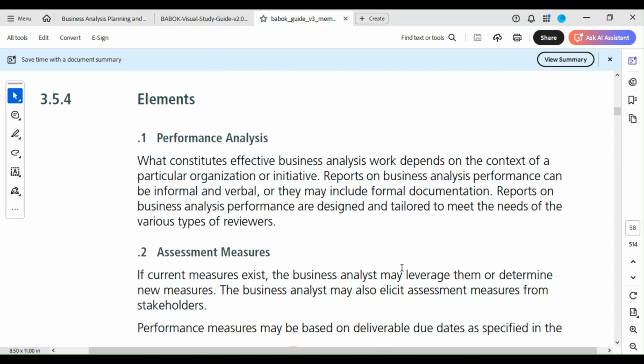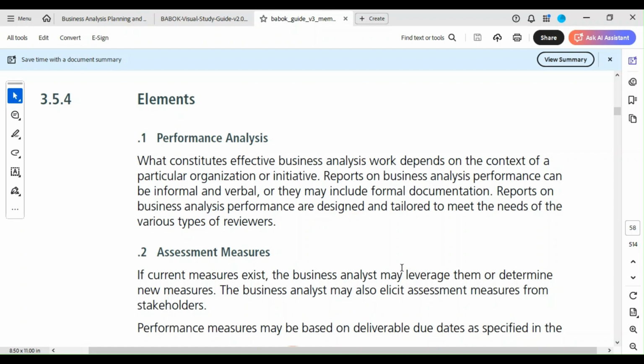Reports on business analysis performance can be informal and verbal. So reports, when you are giving that feedback, it could be informal, it could be formal, it could be verbal, it could be you just having a discussion, or they may include formal documentation.